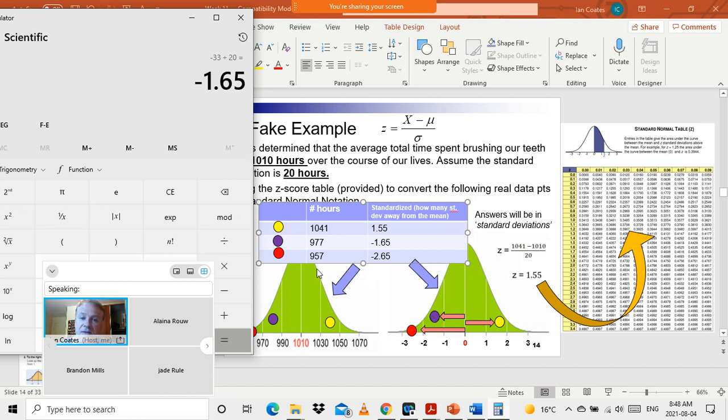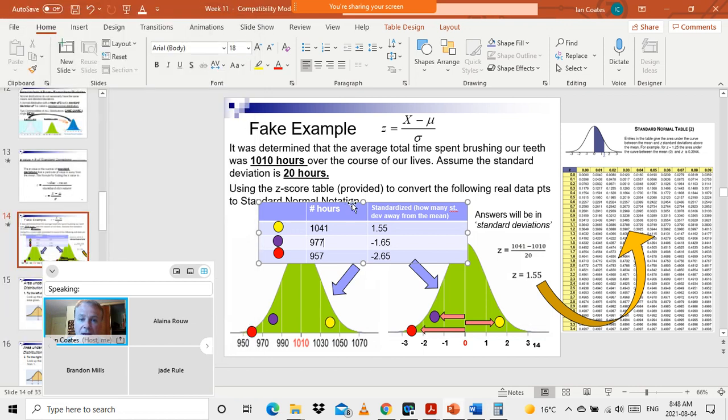And if you do the same thing there with the 957 data point, you'll see where that is. That's 1, 2, geez, man, that's almost 3 standard deviations away. It should be anyway. And you'll see there that it actually is. It's negative 2.65.